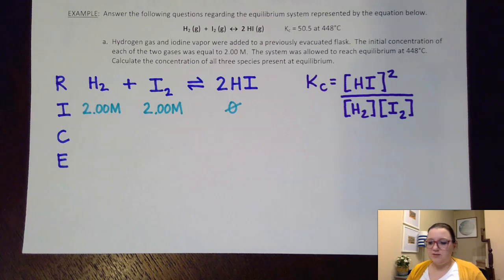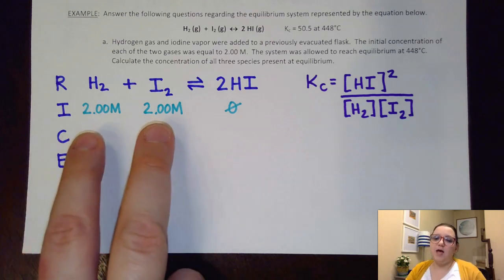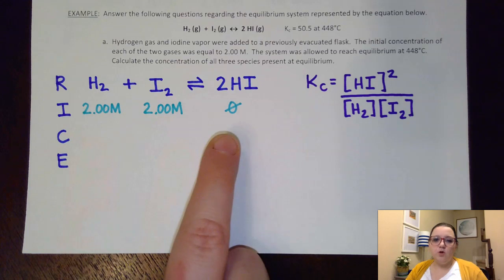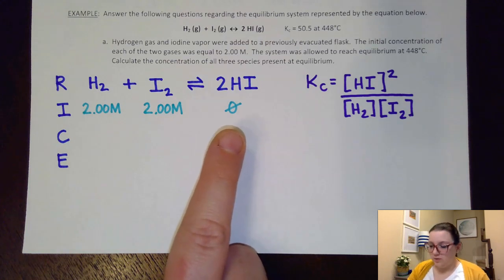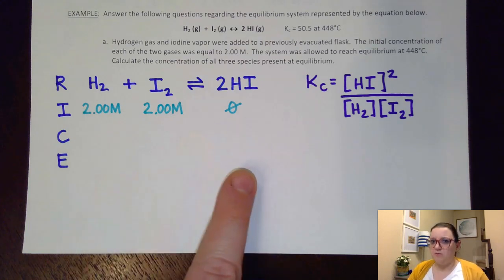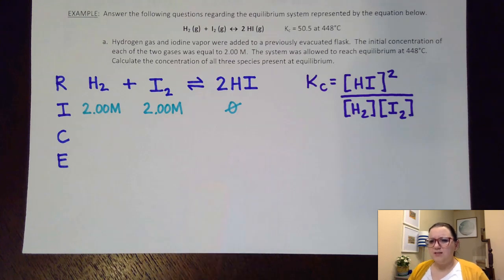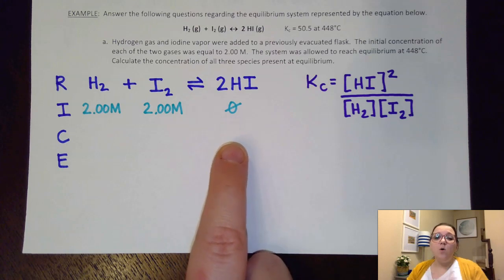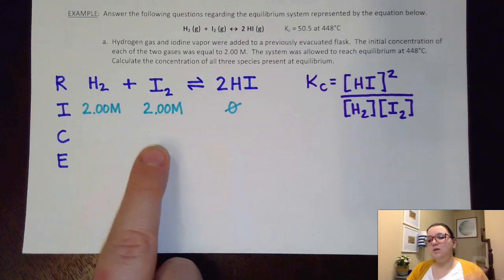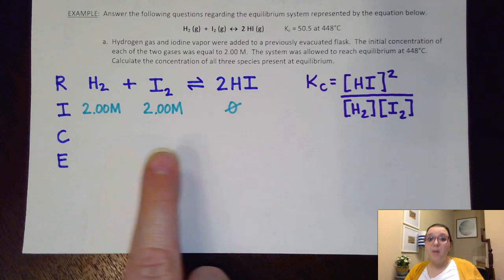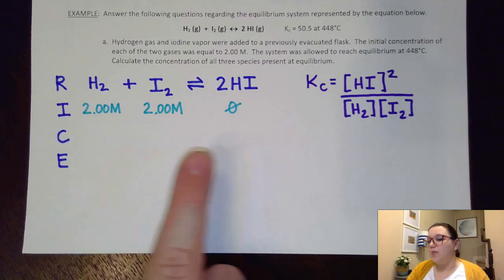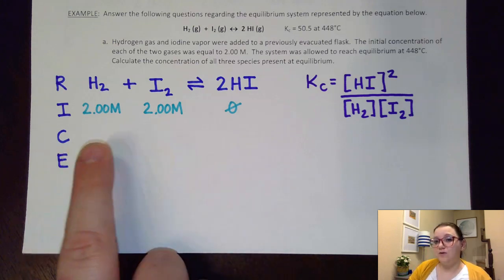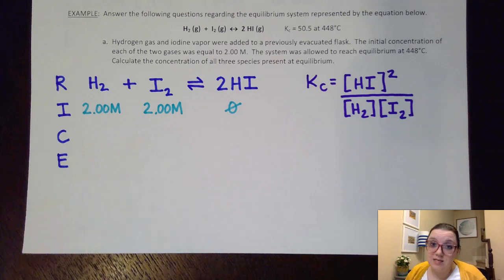So let's process here. Right now, we only have reactant. There is no product, but I know at equilibrium I should have a little bit of everything. To have a little bit of everything at the end, I know that the product is going to need to increase. The only way the product can increase is if I use some of these reactants to make that product, so the reactants are going to need to decrease.